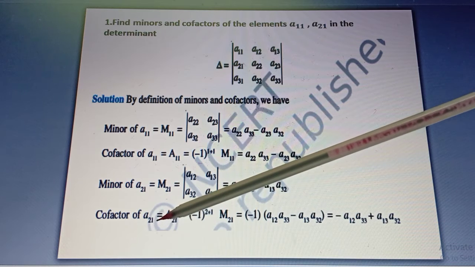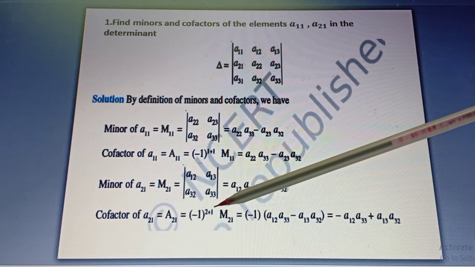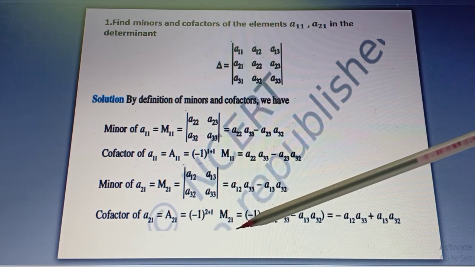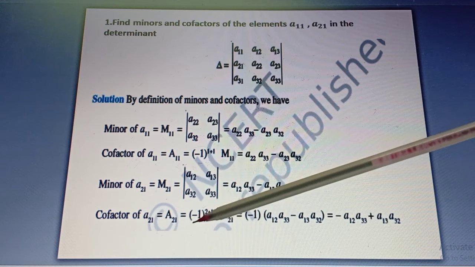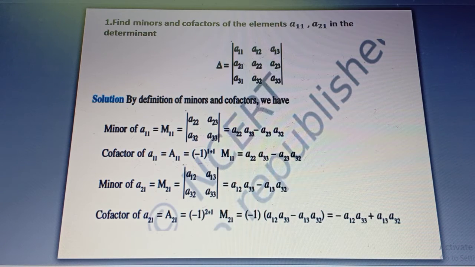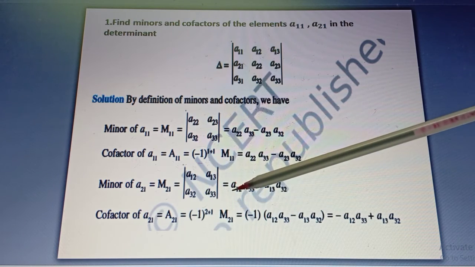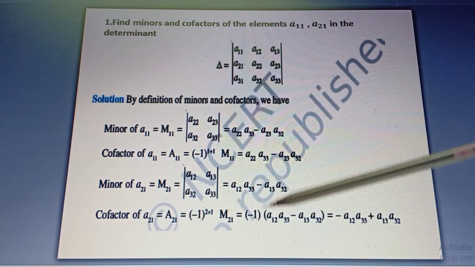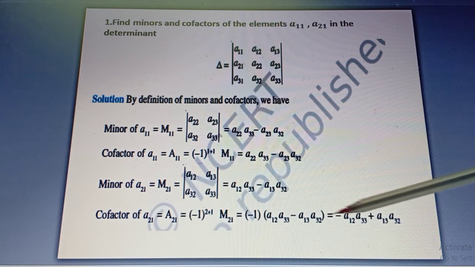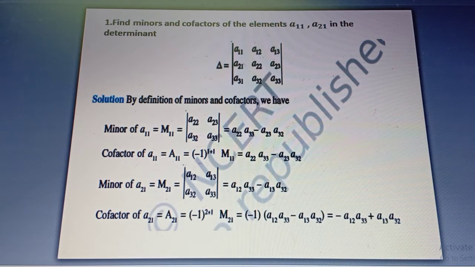Here i is 2 and j is 1, so minus 1 to the power 2 plus 1 into M21. It is minus 1 to the power 3, so it is minus 1, so minus 1 into its minor. Its minor is this we have got, so after multiplying this by minus 1, we will get the cofactor of A21. So students, I hope all of you understood how to find the minor and cofactor.